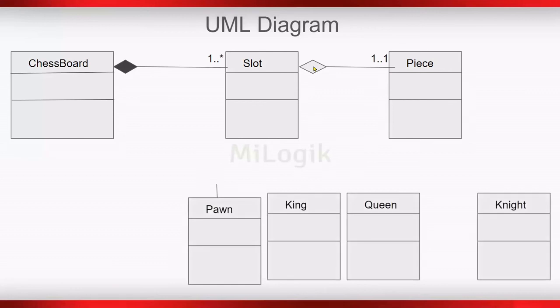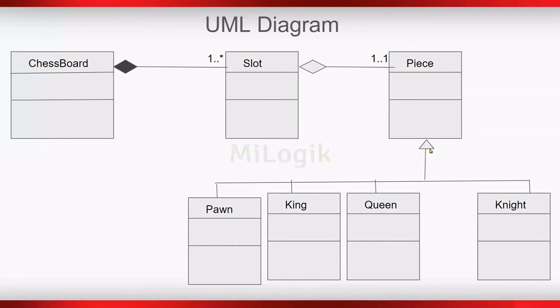Now what is the relationship between the piece and pawn, king, queen, knight, and all other piece related class? It is inheritance relationship. So this is how we show the inheritance relationship. So to be more specific, this is hierarchical inheritance.